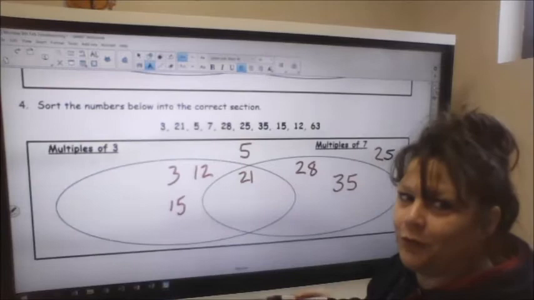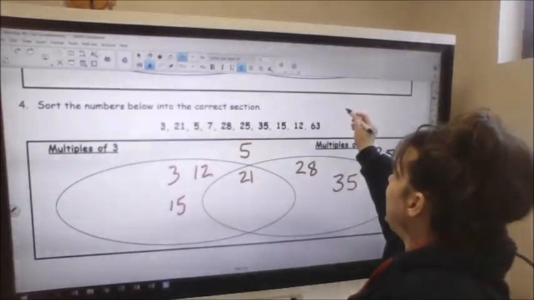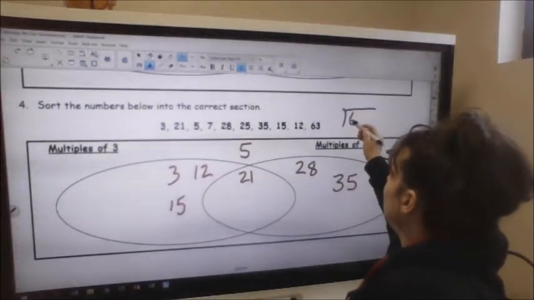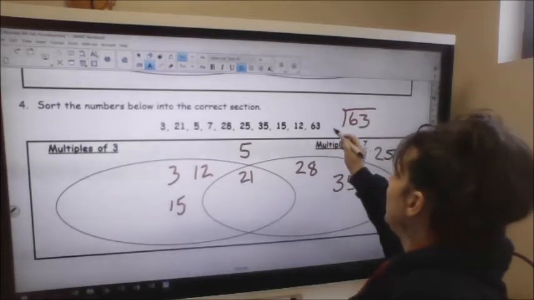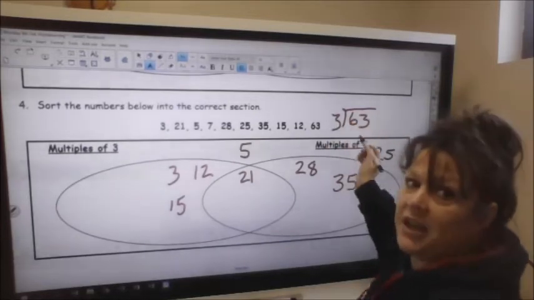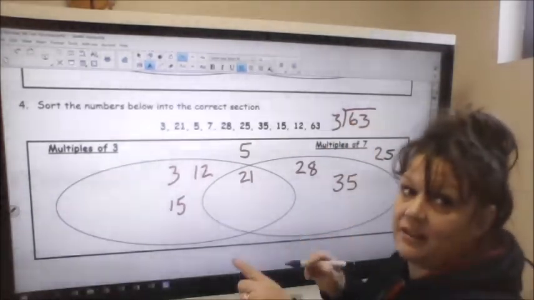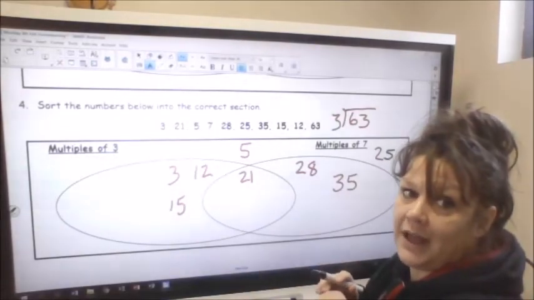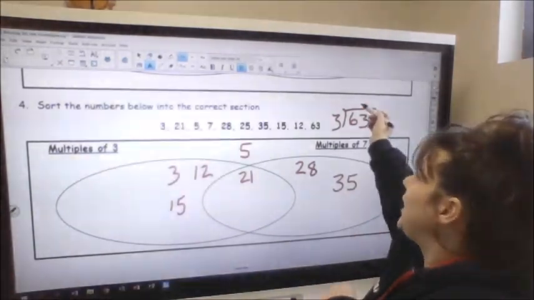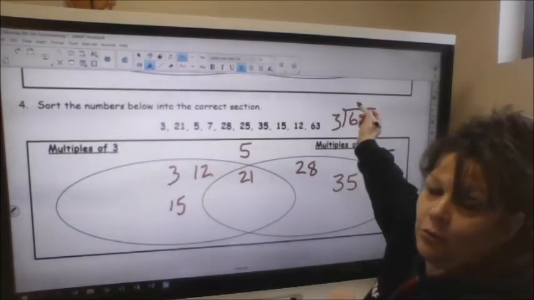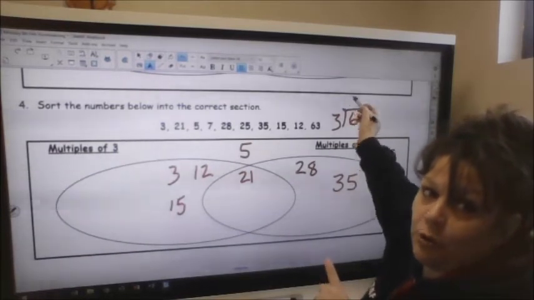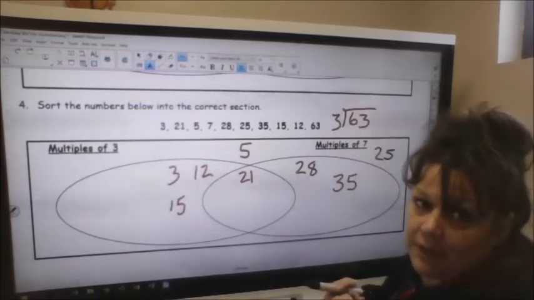But this is one of those tricky ones again. Okay, let's have a look at 63. Can 3 go into it? If it can, then it's a multiple of 3. Okay, because if we get an answer up here that's a whole number, an integer, we are able to multiply that to get 63.